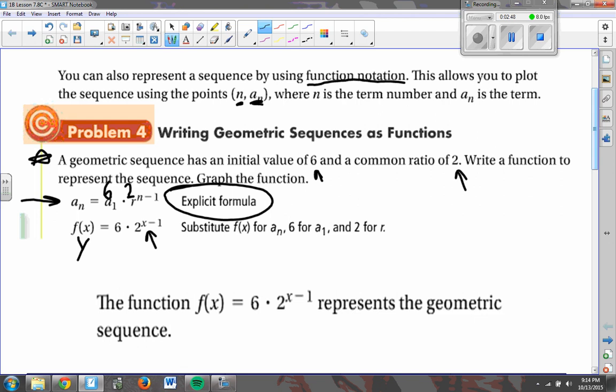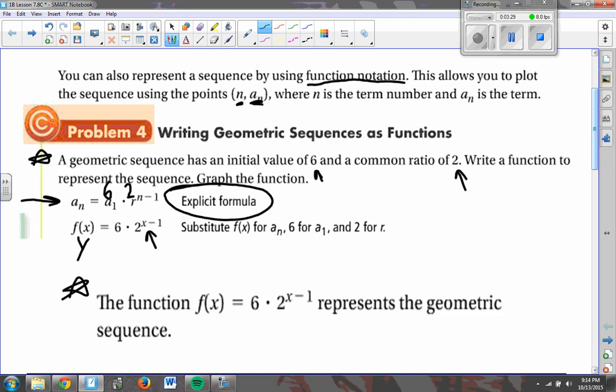So we now have f of x, or our y values, equals 6 times 2 to the x minus 1, where 6 is our initial value and 2 is our common ratio, and x is our x value that we want to plug in here. So to summarize this, the function f of x equals 6 times 2 to the x minus 1 power is a function that represents that geometric sequence.